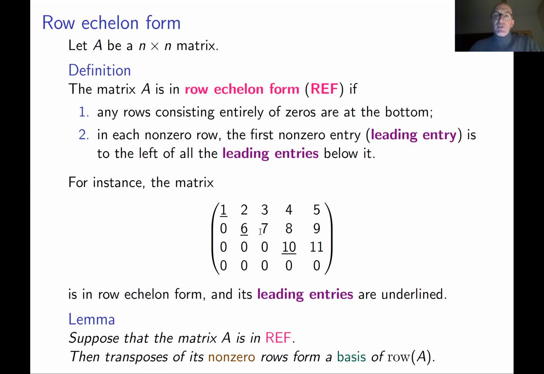So what you get is 6 times lambda 2 equals 0, which implies that lambda 2 is 0. Then you continue and you get all these lambdas equal to 0, and this means exactly linear independence. Again, check this lemma in this example, and you get basically the idea of the proof of this lemma in general. This is why row echelon form is important.